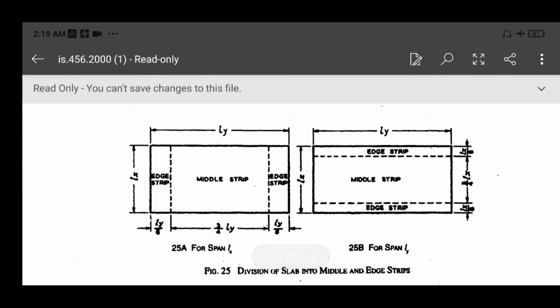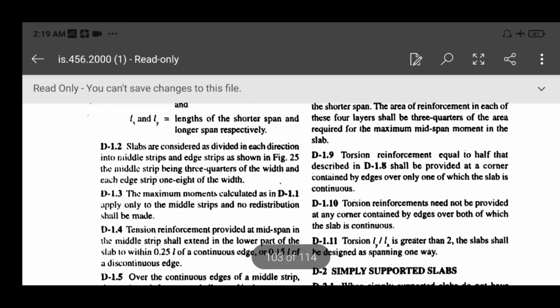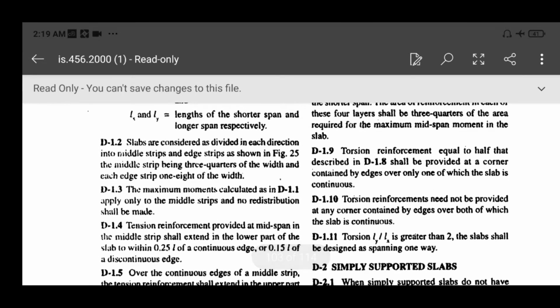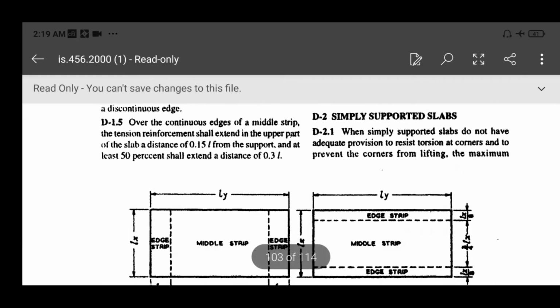So as per clause, the middle strip being 3/4, that means 3/4 of the width, and each edge strip is 1/8 of the width.